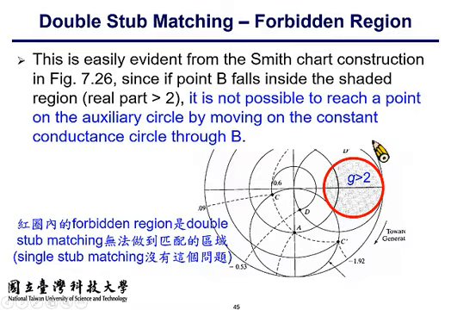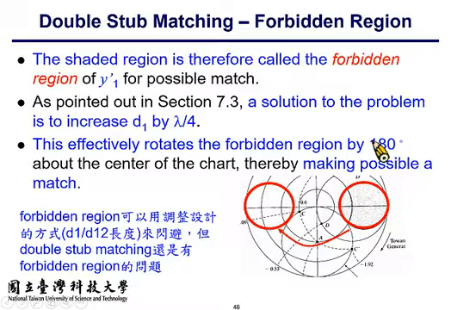So how about if you do have a termination with admittance whose real part is greater than 2, and you need to use the double stop matching technique? How to do that? Well, you move the forbidden region, because originally you set D1 equal to 0.